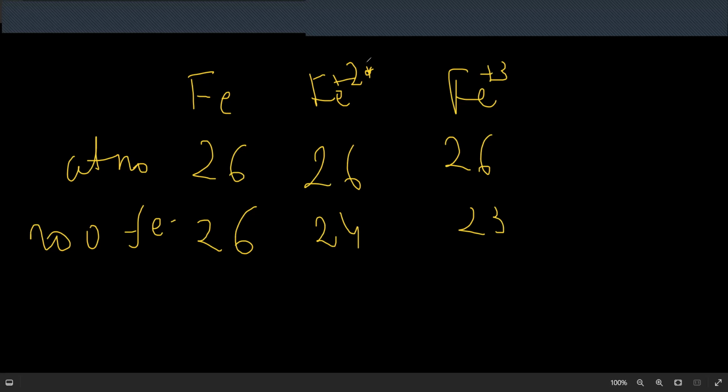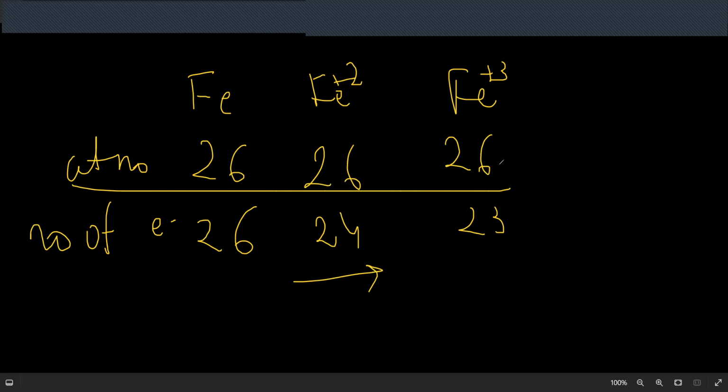You can see how, because here is plus 2, which means number of electrons is less. So it drops now. Here, nuclear charge is constant because atomic number has not changed, which means that number of proton and neutron has not changed. So the nuclear attraction is same.